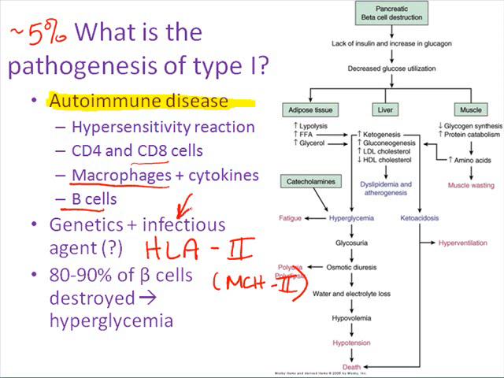But we also think that there's probably some sort of infectious agent. Maybe it's the Epstein-Barr virus. It could be mumps virus. It could be cytomegalovirus.